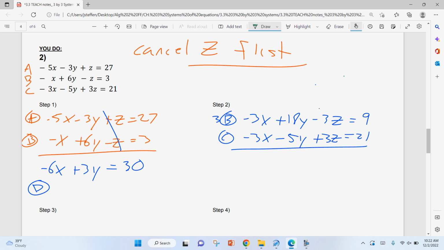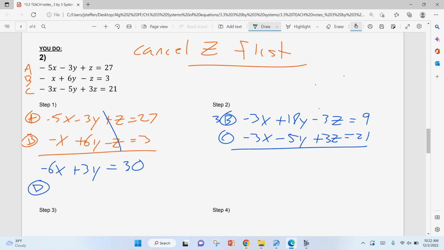Real quick. Some of you guys are already past this, and you could have done this in step 1 as well. You might have done something differently. I get that. But if you did the way I've been doing it or the way I did it for this one, when I did my B and C for step 2, I multiplied the B by 3. And again, you could have used A and C. That would have worked fine. But since B already has a negative Z, then I just have to multiply everything by 3.